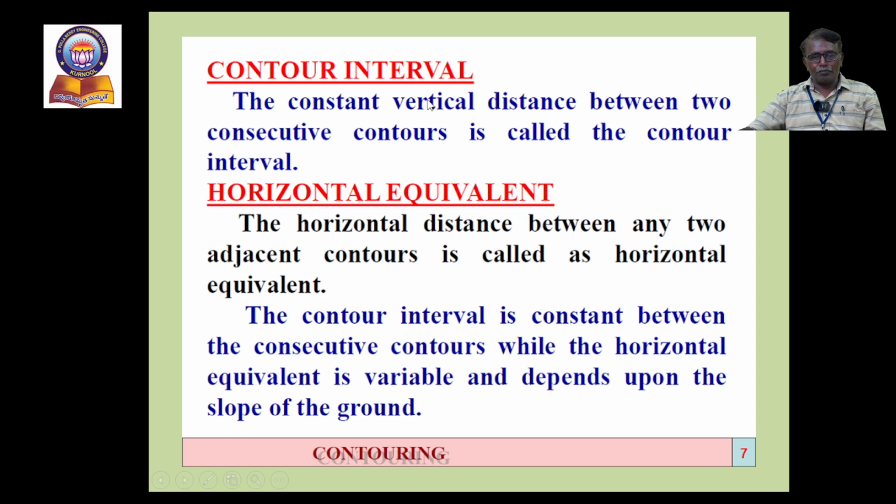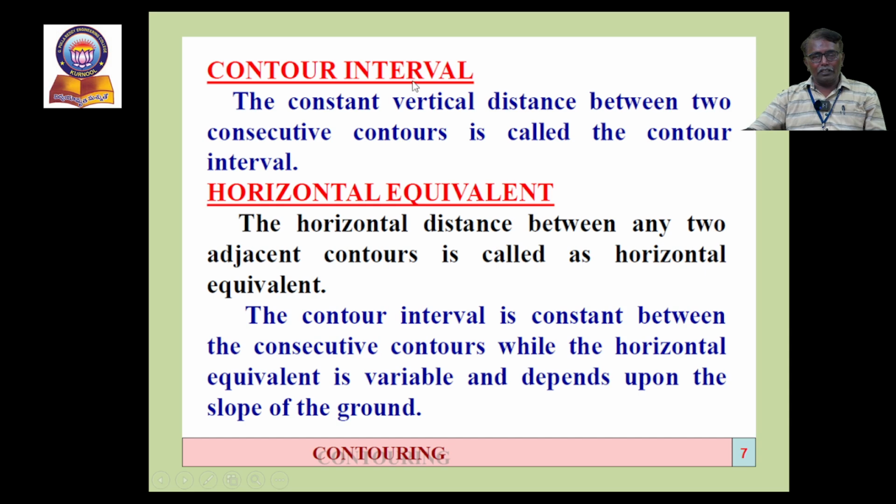So the contour interval should be properly selected based on the field, whether a very steep slope or flat ground is there. Next is horizontal equivalent. The horizontal distance between any two adjacent contours is called the horizontal equivalent.